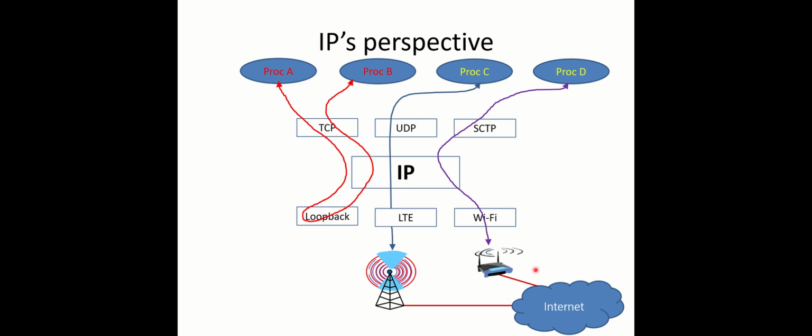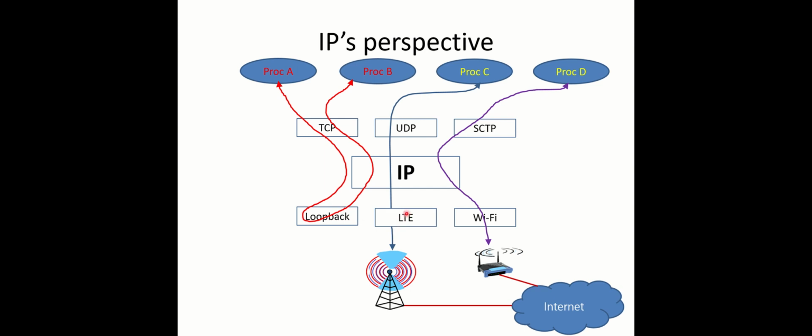On my smartphone, for instance, the operating system has these three interfaces, and it can choose one of them to send out an IP datagram depending on, say, interface state and the destination.